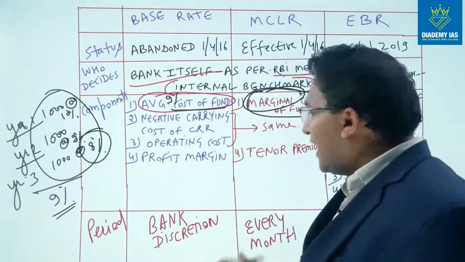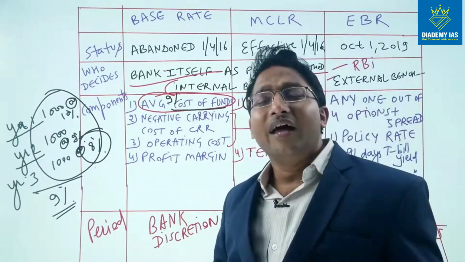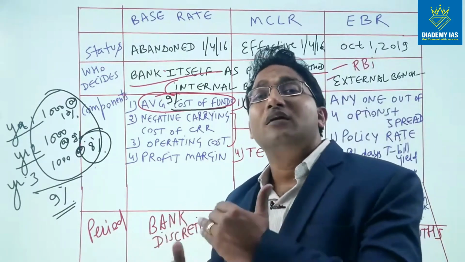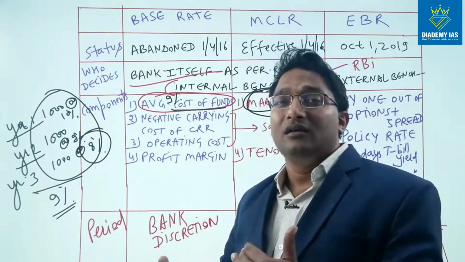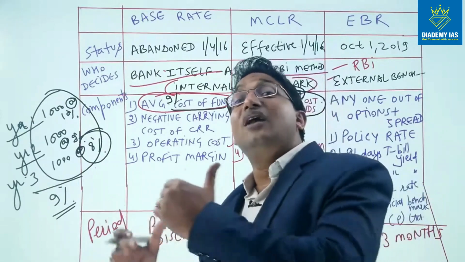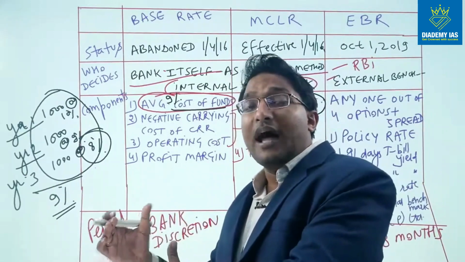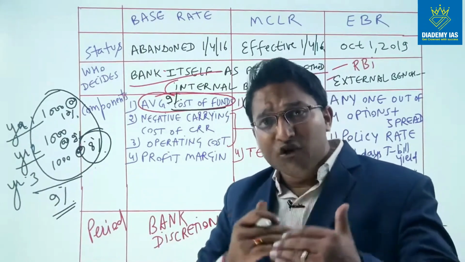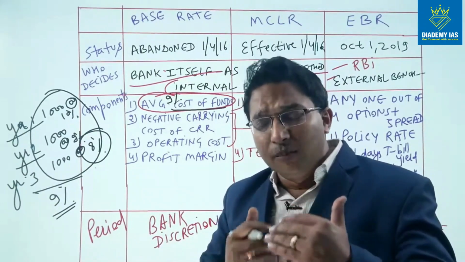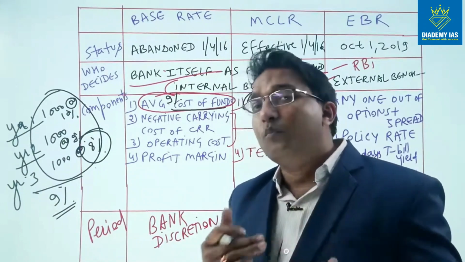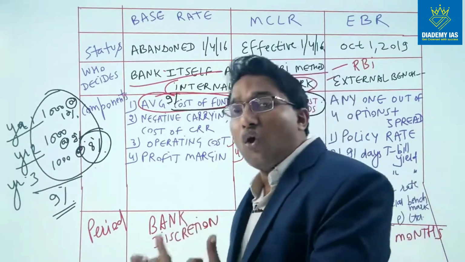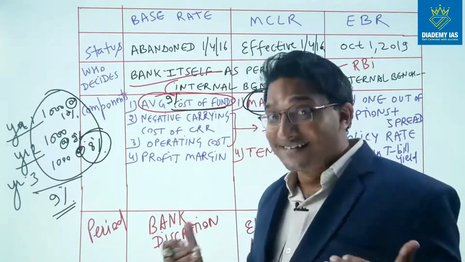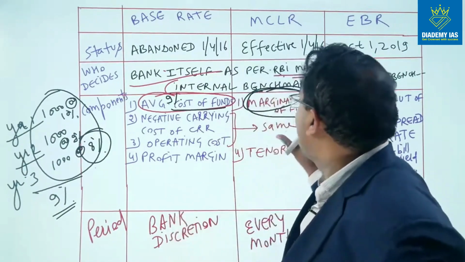In case of MCLR, only the additional deposits which have been raised by the bank for giving the additional loan, only that cost is considered. So this is the additional cost of fund.